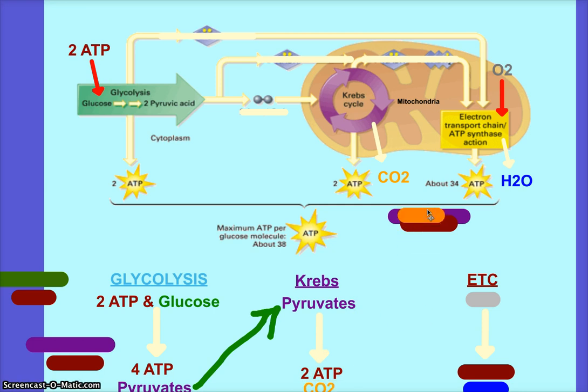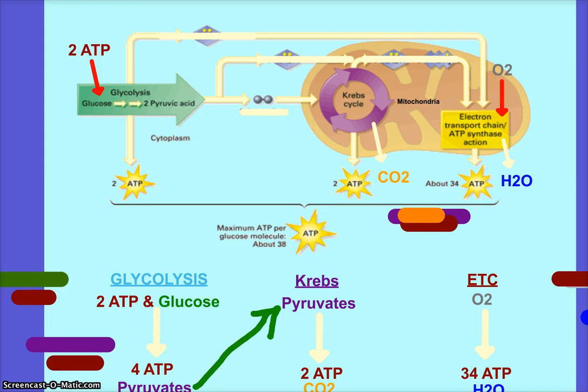Now, what is the reactant of ETC? No, the reactant. ATP is never going to be a reactant anywhere except glycolysis. No. O2. What is made? Water. And what else? 34 ATPs.